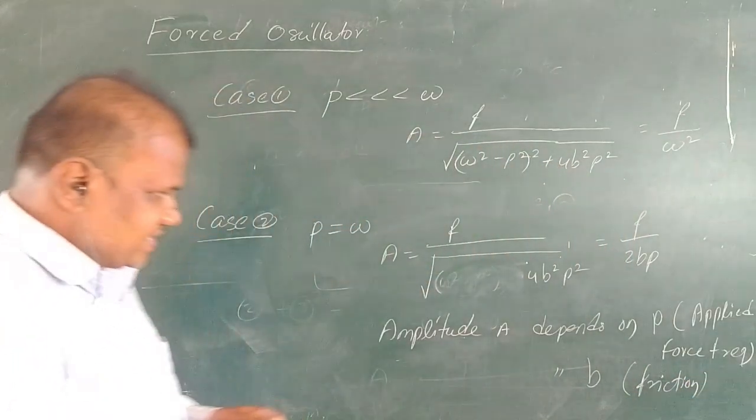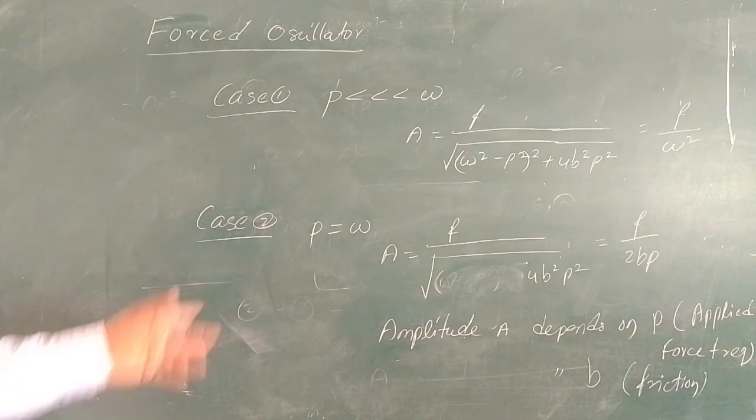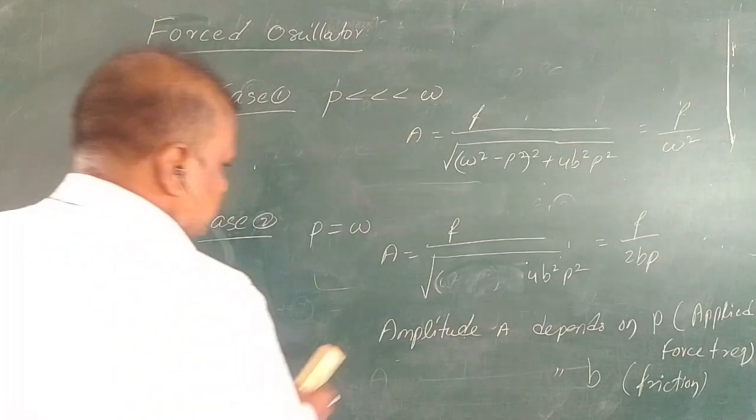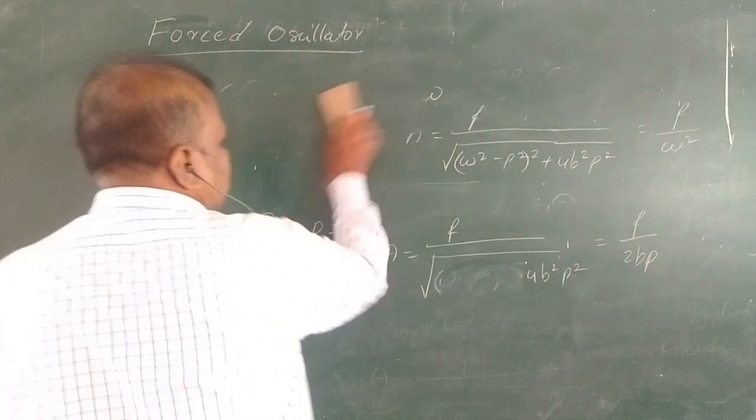In this case the amplitude does not depend on the oscillator's natural frequency; it depends on the applied force frequency as well as the b value. Then I will go to the last case.